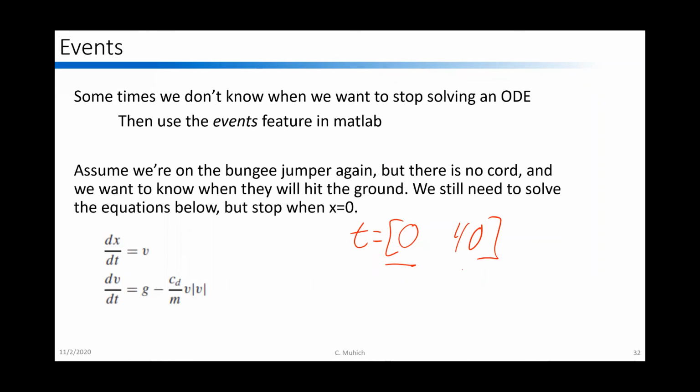So we're going to solve this using events. Remember, for a bungee jumper, dx/dt is the velocity, and my change in velocity, or acceleration, is gravity minus the coefficient of drag over the mass times my velocity squared.